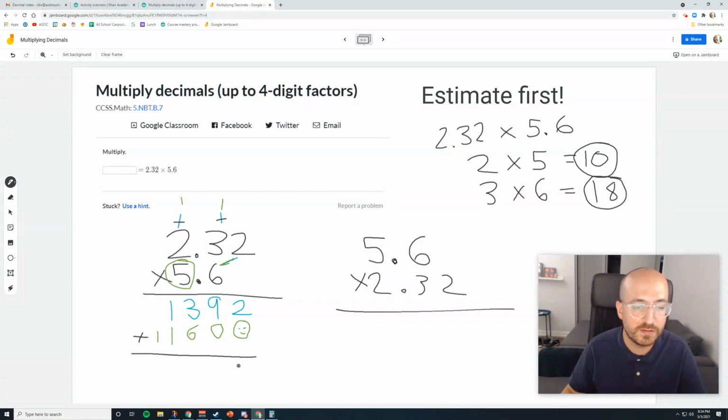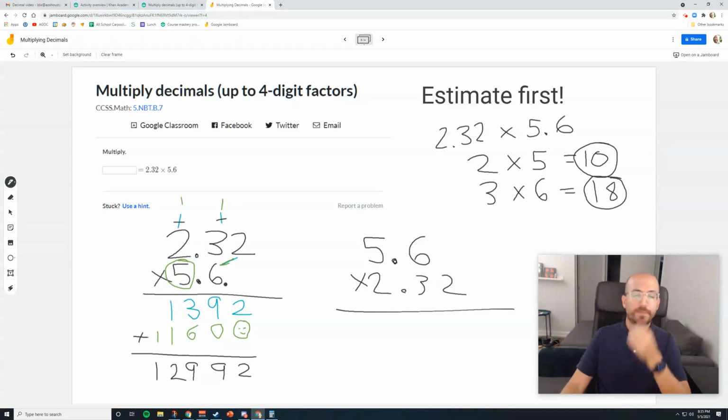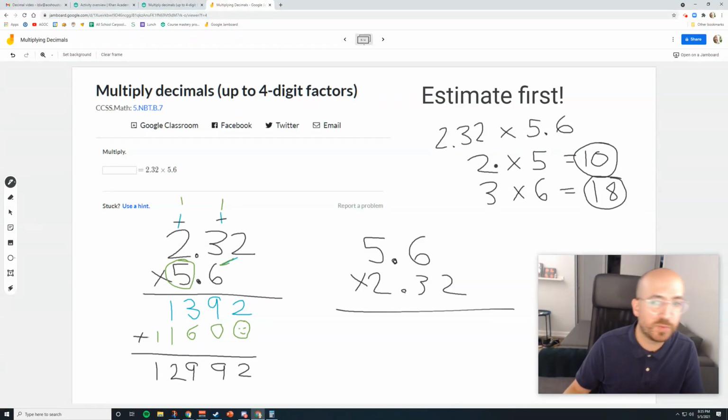Okay, so now we have 2, 9, 9, 2, 1. So where does this decimal place go? Look at our estimate.